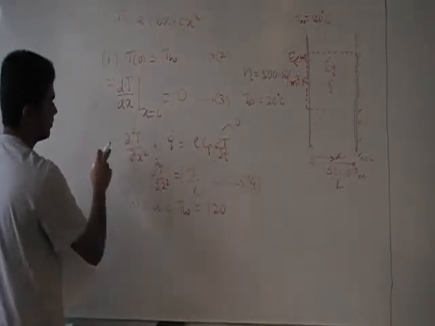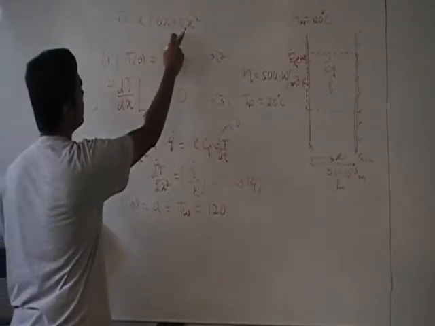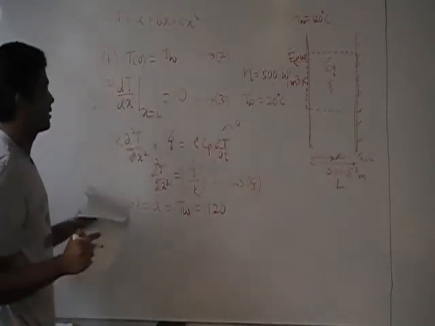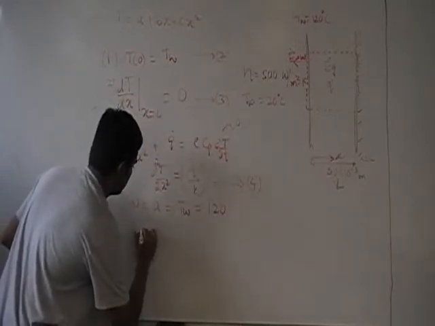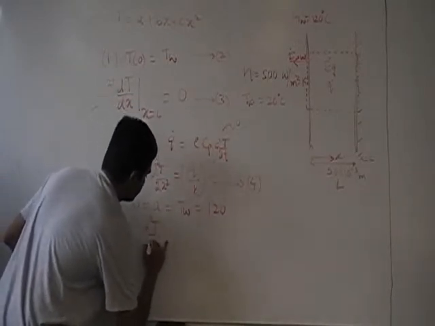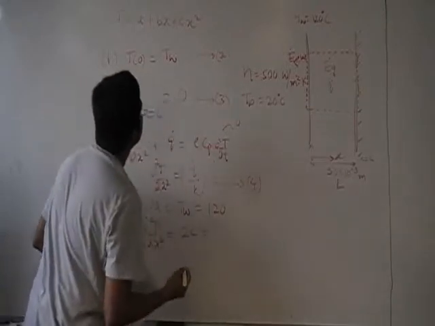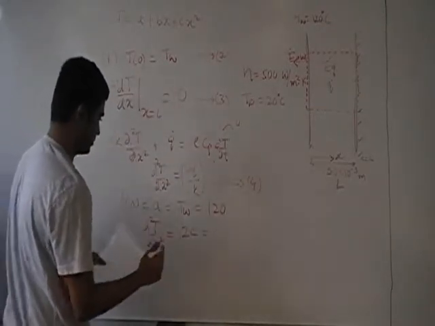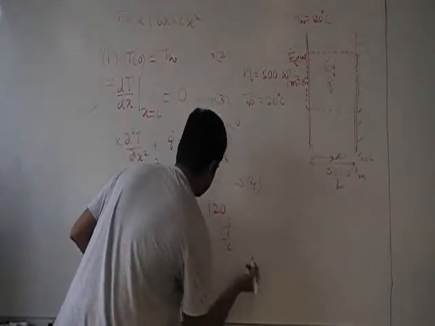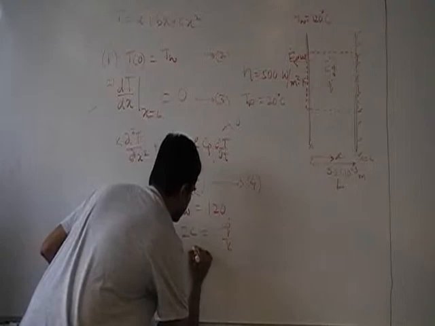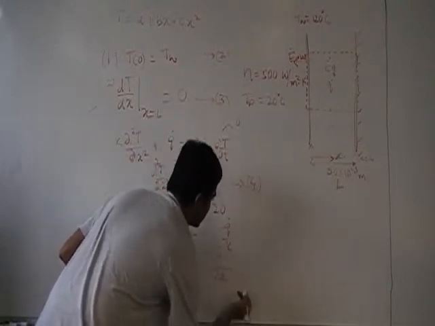Now let's look at the equation number 4 here. We take the derivative with respect to x twice of this equation. We should be getting d squared T by dx squared is 2 times C, which is negative q dot by k, or C is negative q dot by 2k.